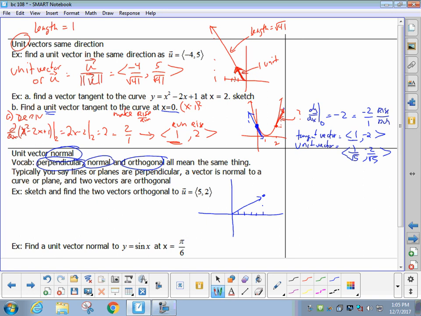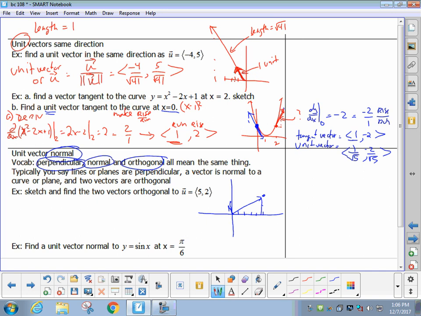How many are there? Here's one. Here's two. Where are the others? Actually, all these are perpendicular, right? In 3 dimensions. Okay, but in 2 dimensions, how many are perpendicular? 2. Okay.